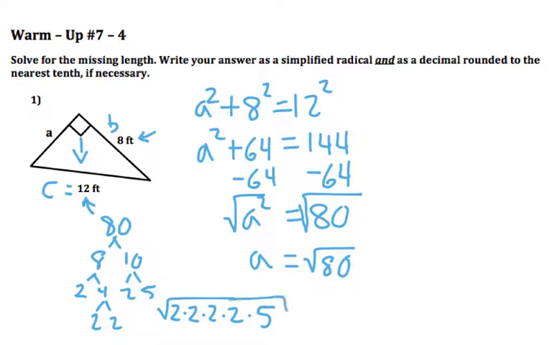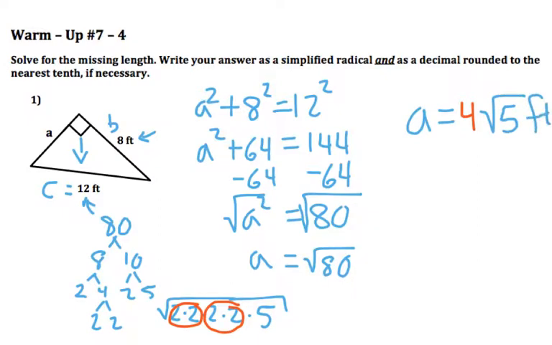And remember, we find those pairs of the same number multiplied together inside. We'll get one out. So we're going to have 2 times 2, which is 4, and have that 5 left inside. So we have A is equal to 4 square root 5, and that would be feet. And that's the simplified radical answer.